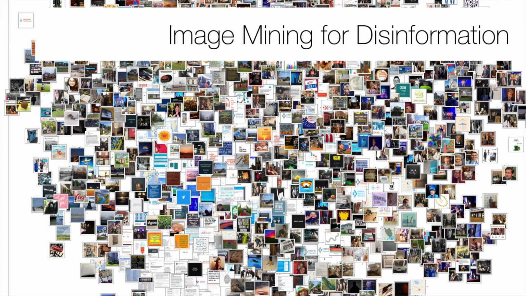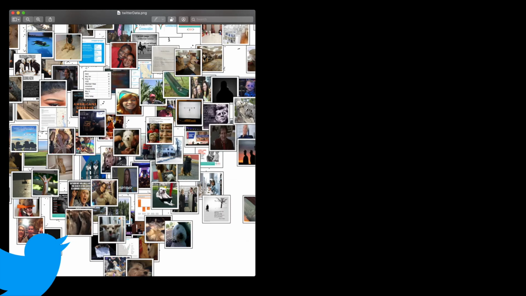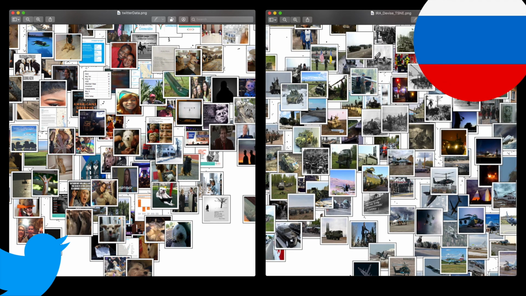It turns out that the signal of coordination that these disinformation campaigns use, which is present in their text, is also present in the images that they share. One of the ways we've tried to do this is to compare the kinds of images shared by your general social media user on Twitter to the images shared by the Internet Research Agency, which is a Russian-affiliated disinformation factory of some form.